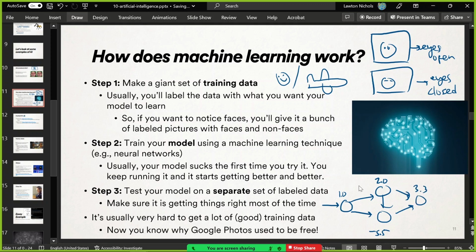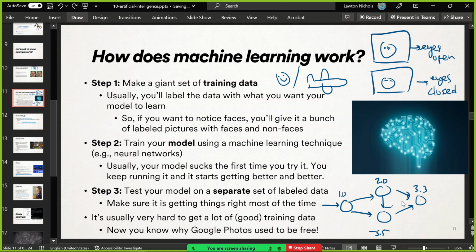So you're feeding in numbers, and you are sending these numbers along, and somehow you end up with a final answer. You end up with some final number that represents, maybe if it's between 1 and 2, the eyes were open. Between 2 and 3, the eyes were closed. Between 3 and 4, it was not a face at all.